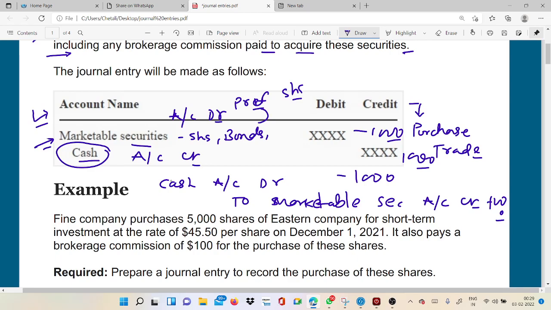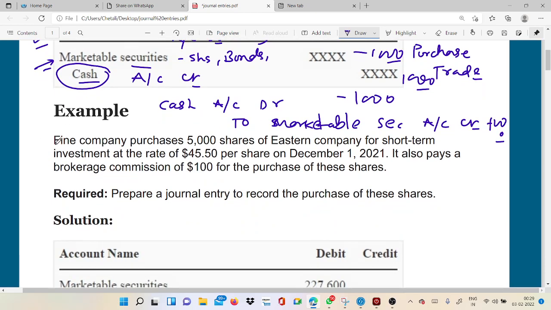Okay, let's take this example. A company purchases shares of Eastern Company as a short-term investment at a given rate per share on December, and it also pays a brokerage commission of $100 for the purchase of the securities.